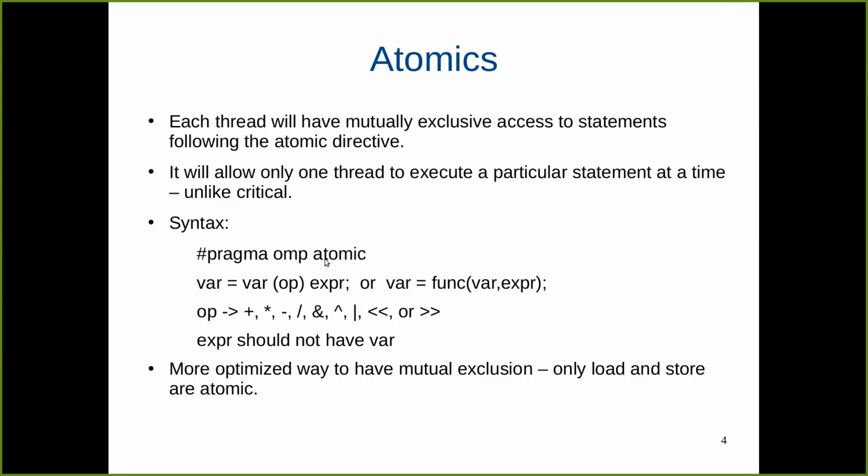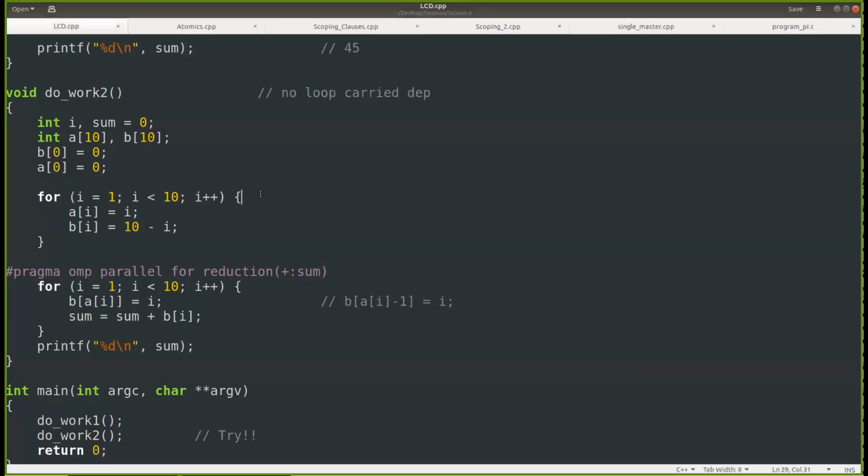I have one question. The previous loop-carried dependence (LCD) that we have discussed, will that be solved if we make it atomic in the section? Sorry, can you repeat? Can we solve it using atomic?